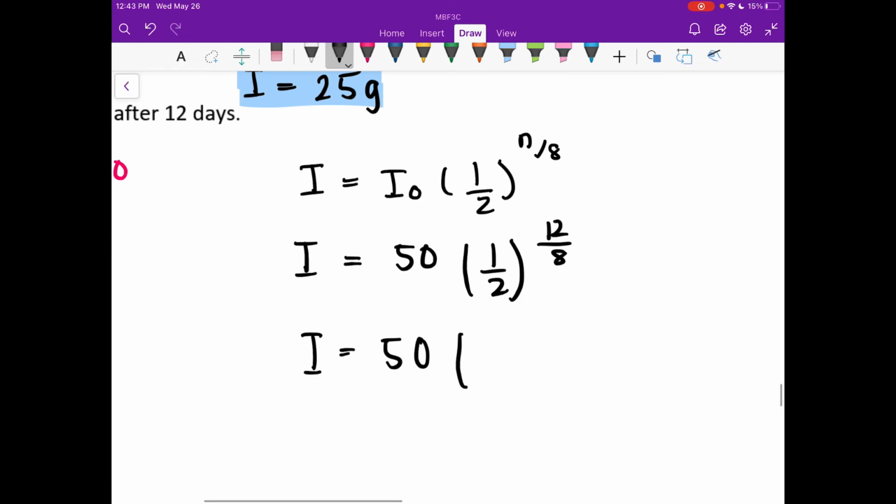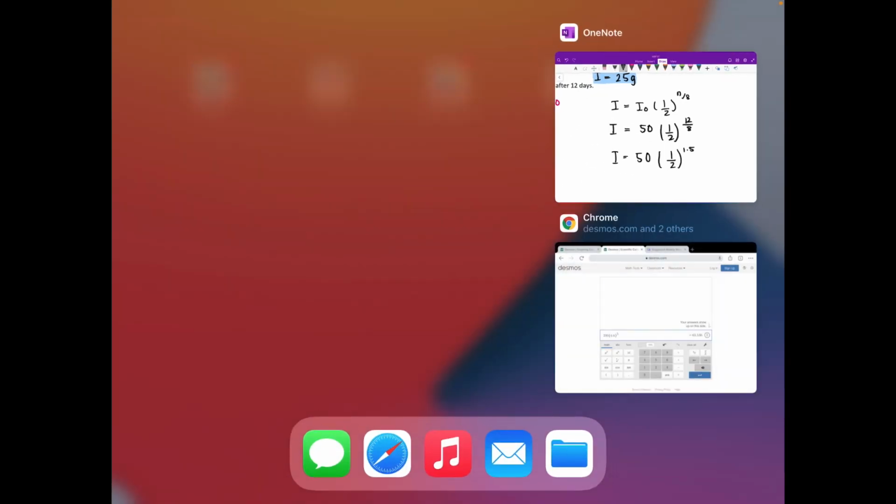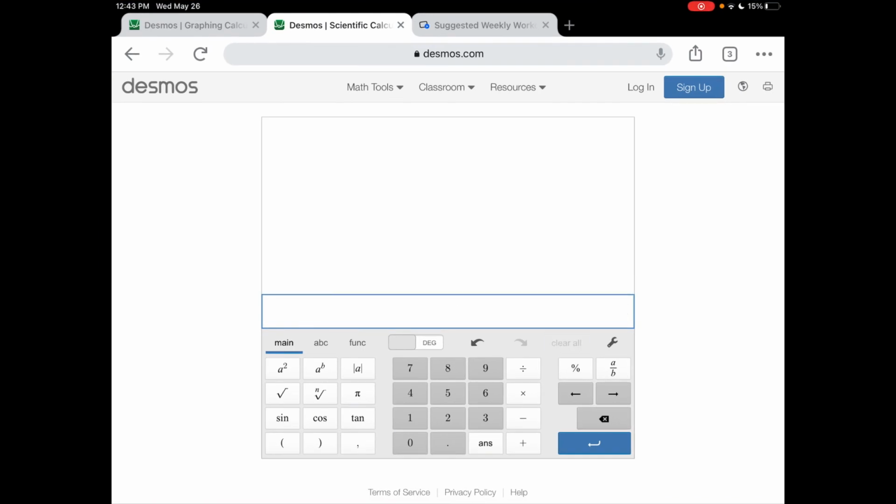So always deal with simplifying your exponent first. 12 divided by 8 is 1.5. Yes, in this situation, you can have a decimal as your exponent. So let's go into our calculator, and I'm going to show you how to put this in. You use your fraction button and write 1 over 2, and always close the bracket, or you won't get the right answer, to the power of 1.5, and you're going to get 0.35355.